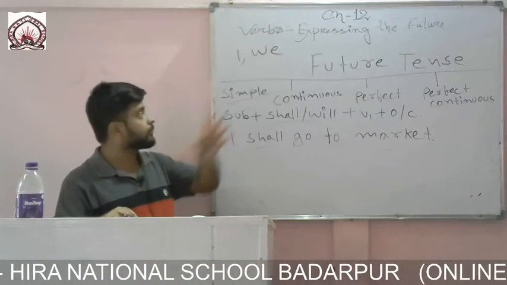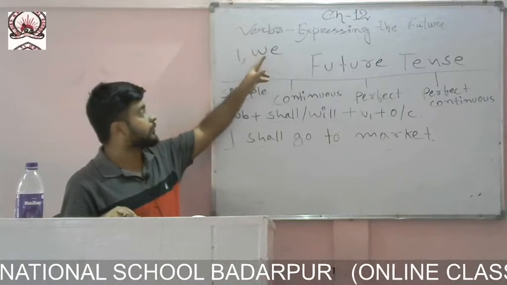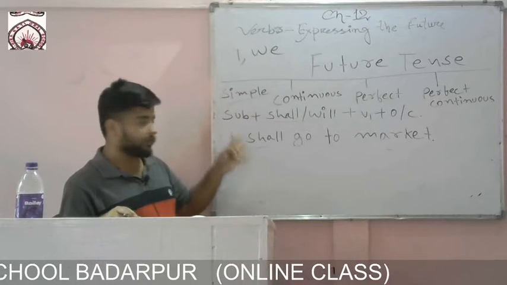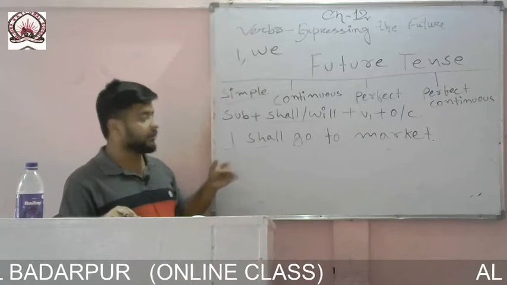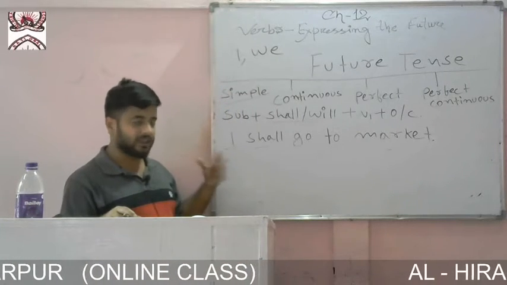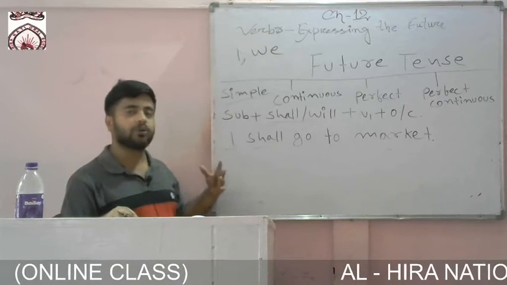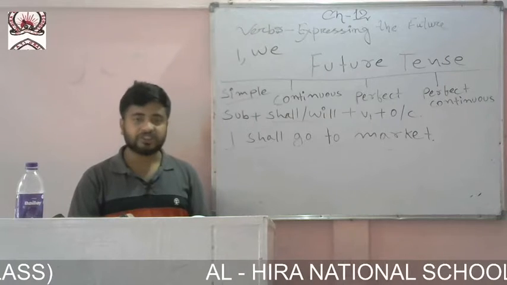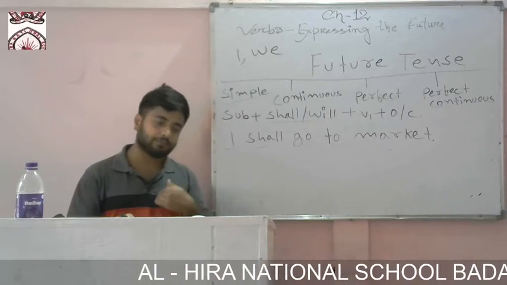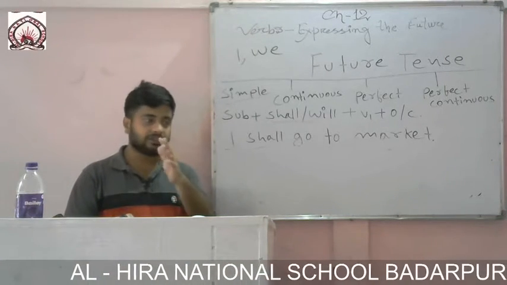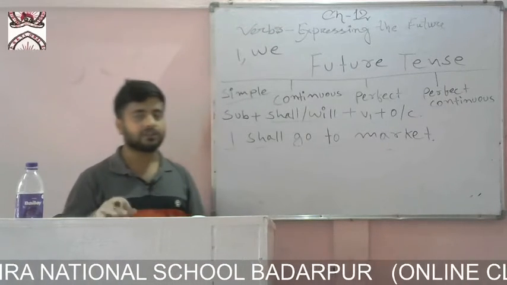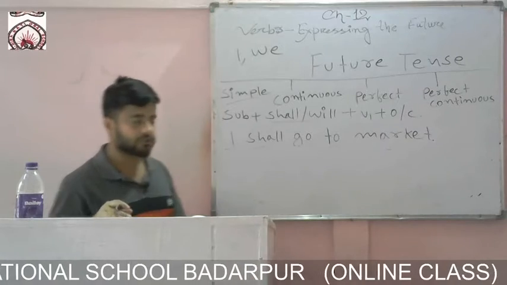It is not there in your book. Otherwise, with third person and the rest, we are to use will. He will, she will. But if you say something with certainty, that you are sure that you will do it, then in that case we can use will. Understood or not?